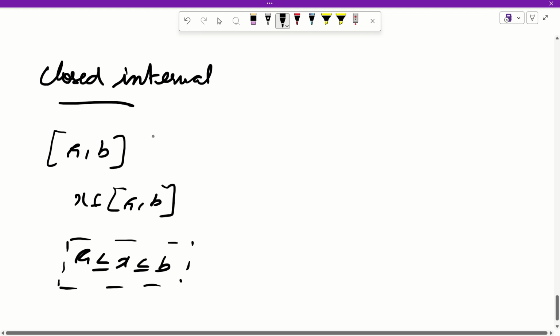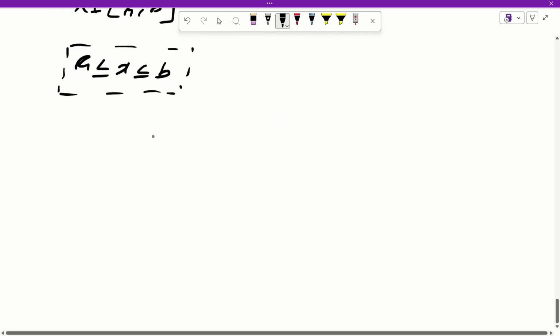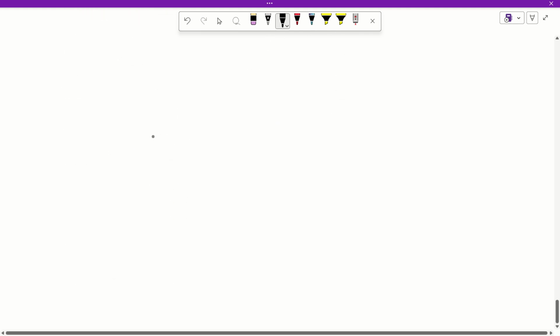The figure is not that important, just for understanding. A, B, since it's closed interval, we have to shade this portion. Okay.